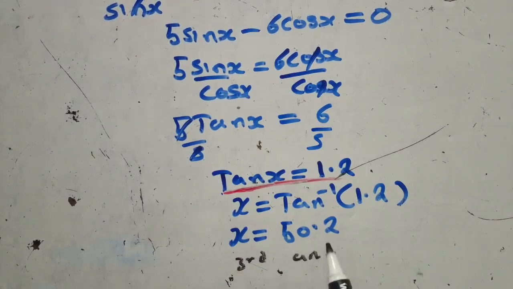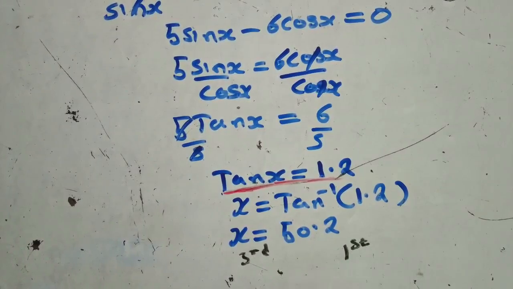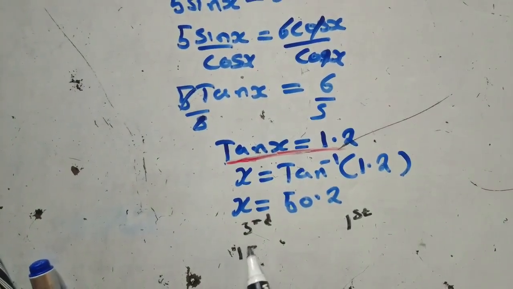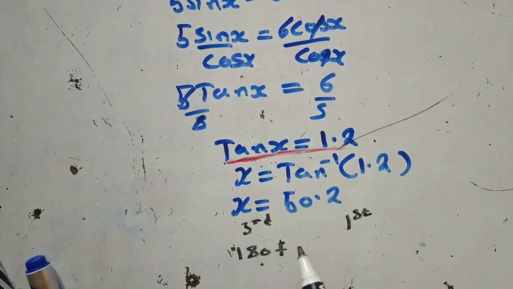So this is where tan is positive, in the third and first quadrant. In the third quadrant we do 180 plus the acute angle.